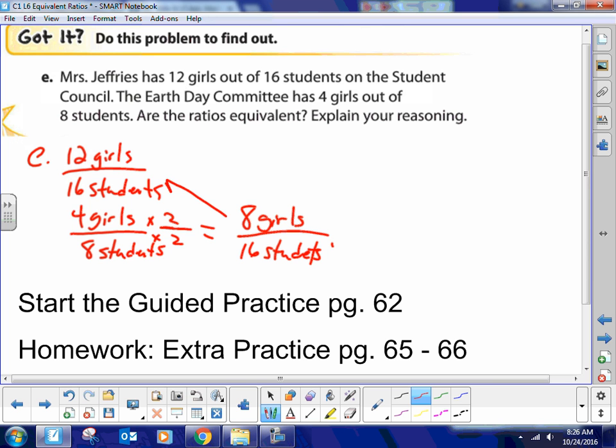And these are not equal, not equivalent. Okay? That's how you can tell, right? You got to get something up to it. Or you could have divided 12 and 16 by 2, and you would have got it down to 6 and 8. So then you could have been able to do it. I prefer to do multiplication over division, but that's just me.